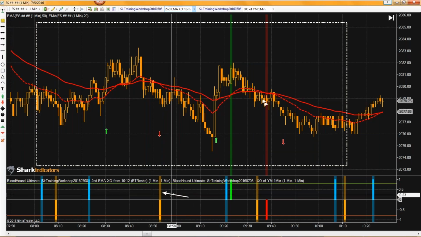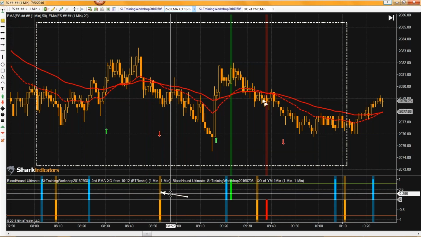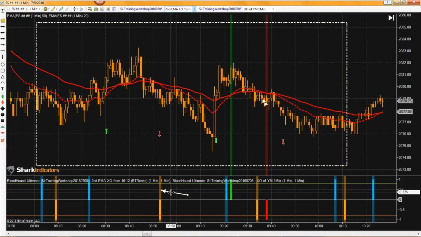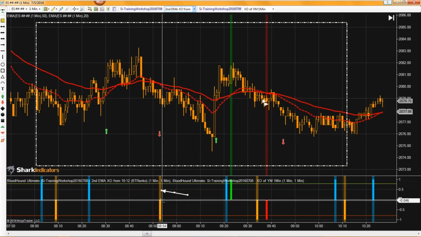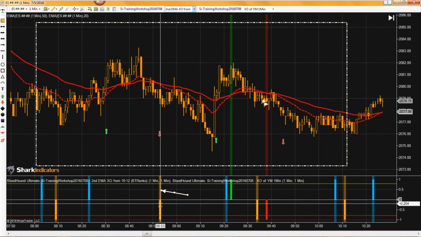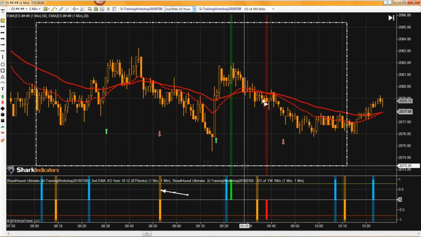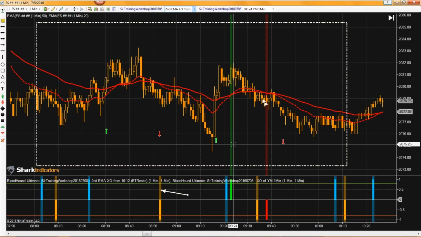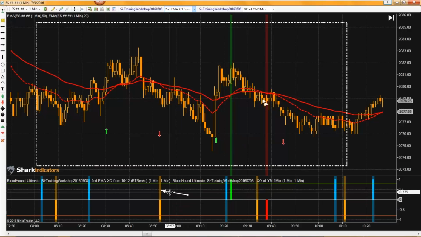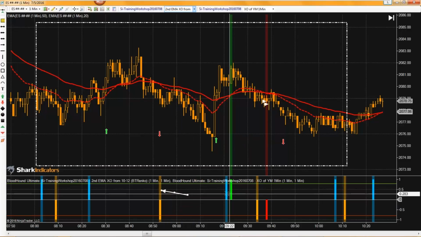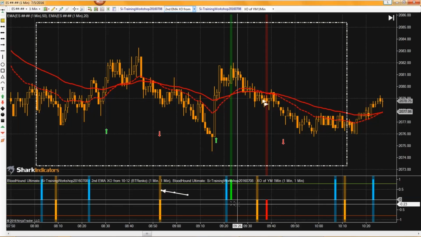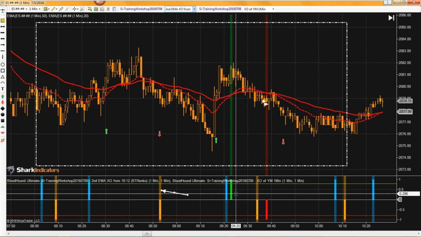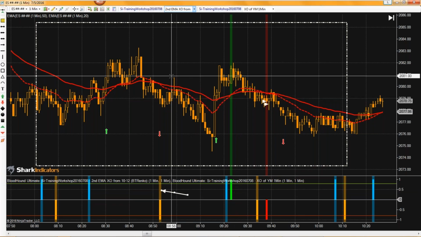The racing stripe does exist in this subpanel, but NinjaTrader is not going to allow the bloodhound with the orange racing stripes to also put racing stripes on the price panel. Only one of the bloodhounds is allowed to do that, and that's just a NinjaTrader restriction. But that is one way you can do it. You can color code your signals like that, if you like. So that's one option.